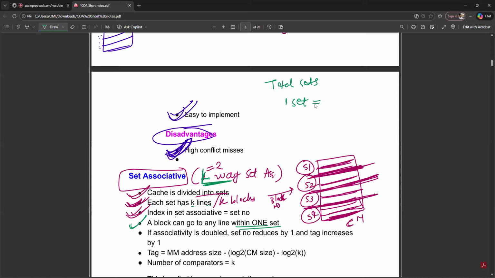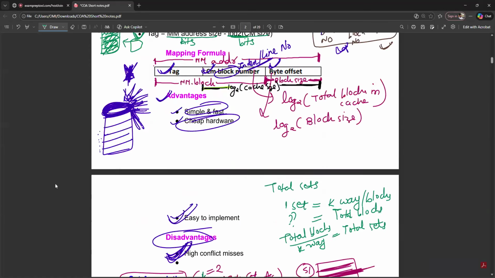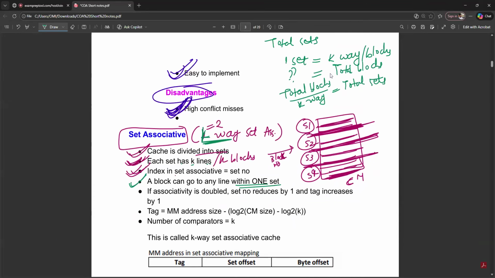So if k equals 2, one set contains 2 blocks. If you have the total blocks, you get the total sets by dividing total blocks by k-way. That is the same formula I have written here: number of sets equals number of blocks in cache memory divided by associativity. Please keep this in mind.